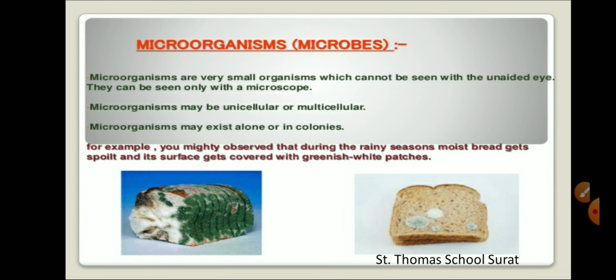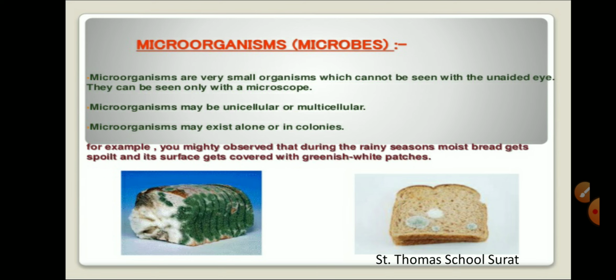Understood? So microorganisms may be unicellular or multicellular. Microorganisms may exist alone or in colonies. Colonies means in a group, isn't it? They will grow in groups also, and those groups we call colonies, or they can live alone also.